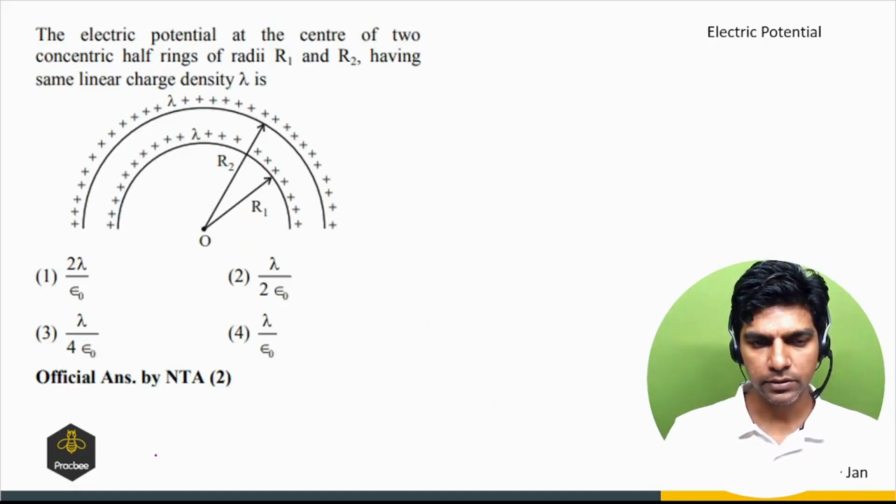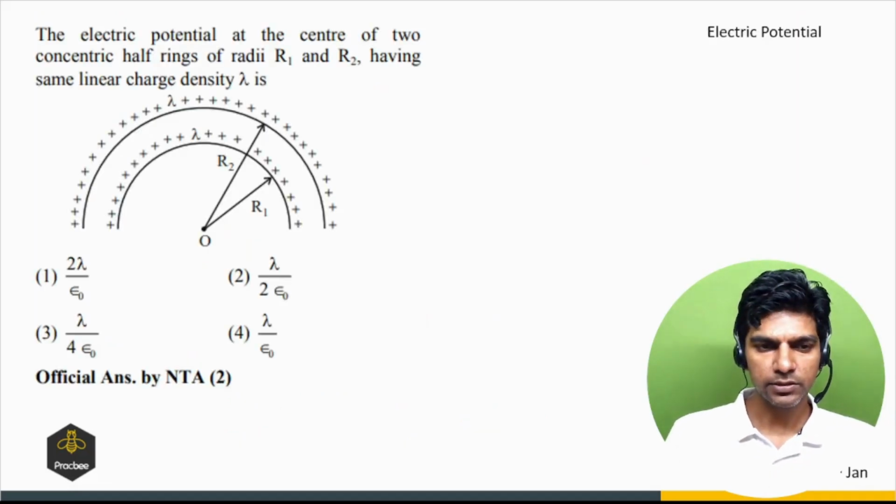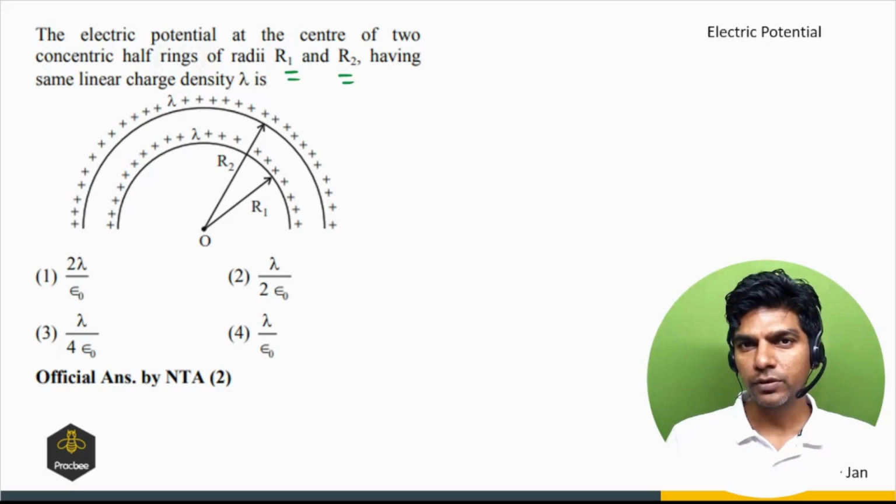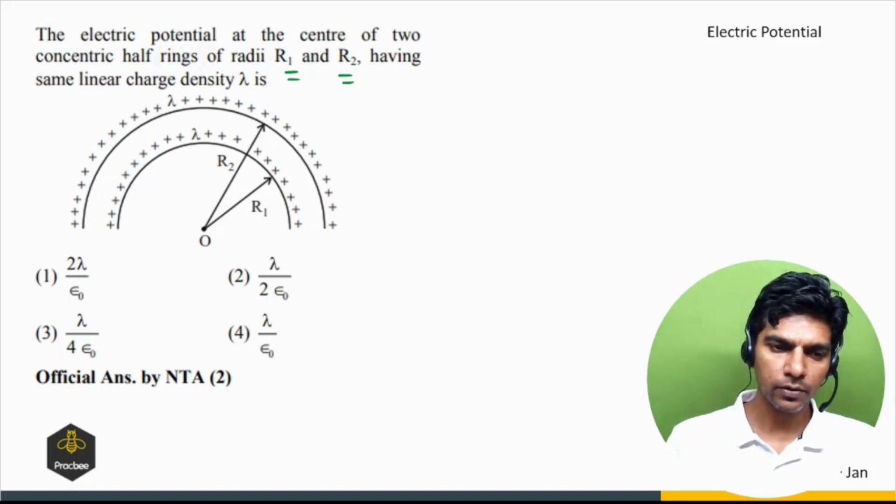Right. So let us see this illustration, it is again based on the same concept. The electric potential at the center of two concentric half rings of radius r1 and r2 having same linear charge density lambda is. So we know that in case of a ring, the potential at the center will be k times total charge by the radius of that ring.